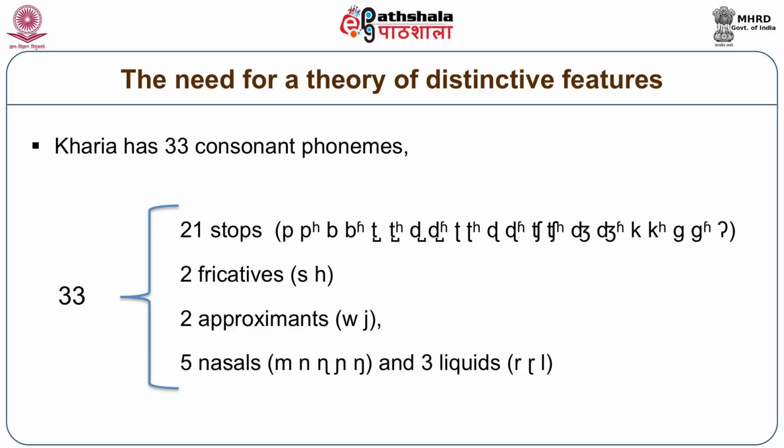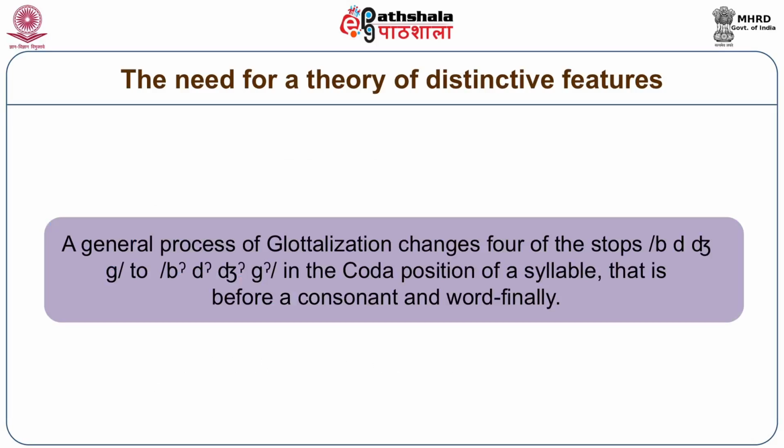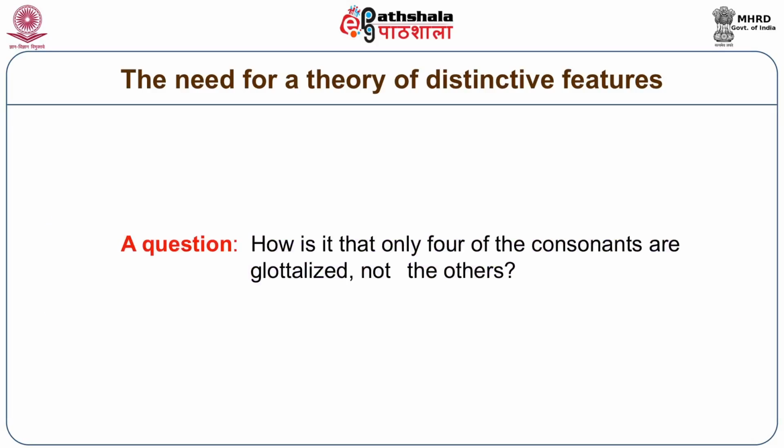Of the 33 consonants, there are 4 consonants only, namely B, D, J and G, that are glottalized in a certain context. Now, if we want to find reasons, why is it that only those four consonants are glottalized? Why not other consonants glottalized?